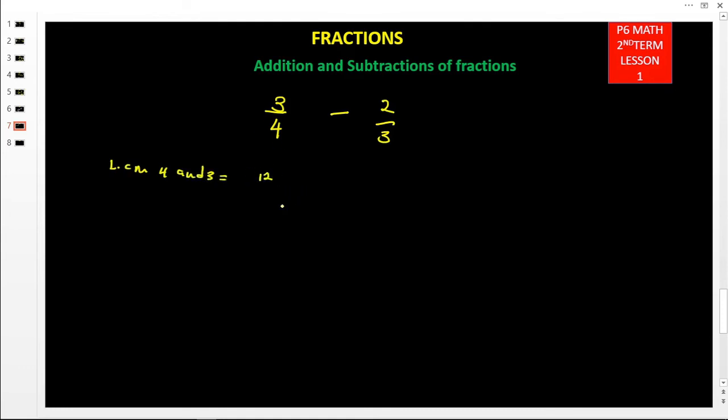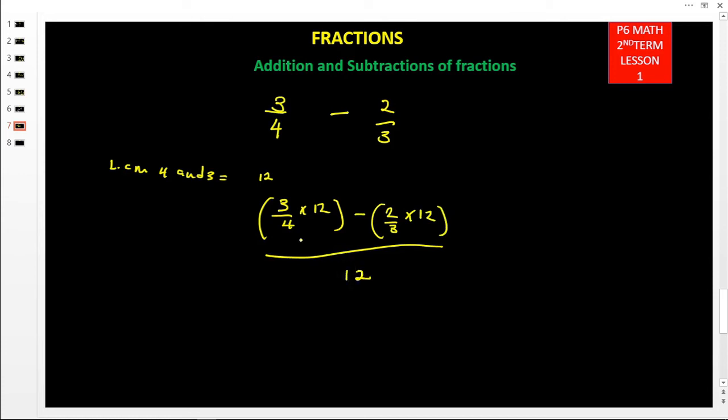Then it is 3 out of 4 times our LCM, then minus 2 out of 3 times our LCM, all over what we call the LCM, which is 12. Then 4 into 12, 1 by 4, 3 times this one, it is giving us 9, minus 3 into 12, 4, 2 times this one, it's giving us 8 out of 12. So when we subtract 9 minus 8, we get 1 out of 12 as our final answer.